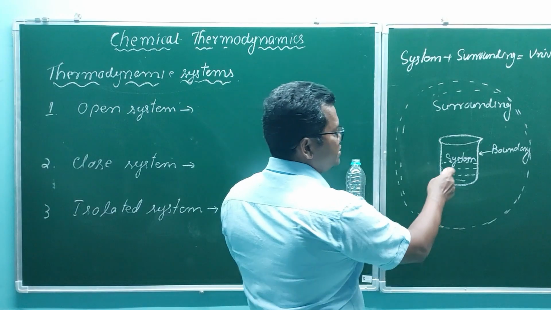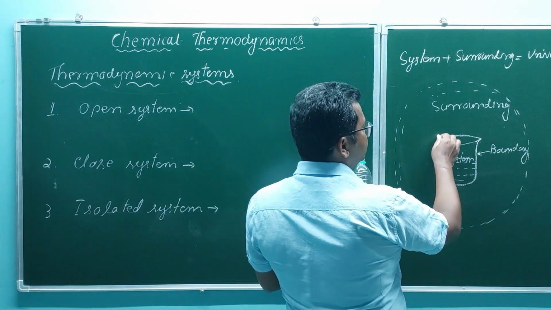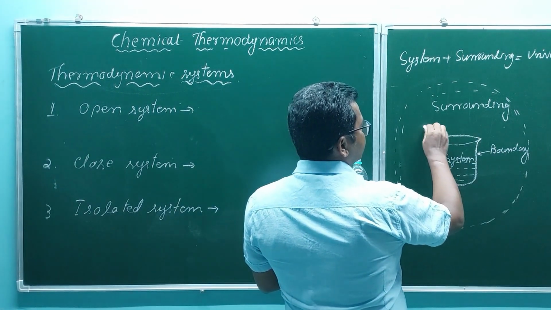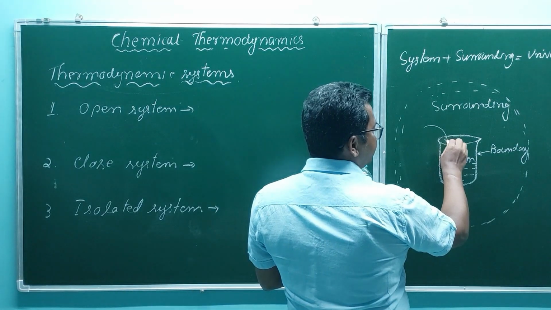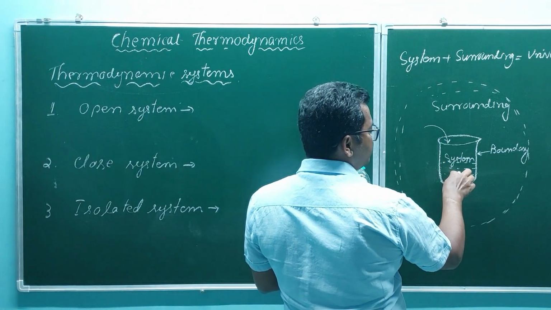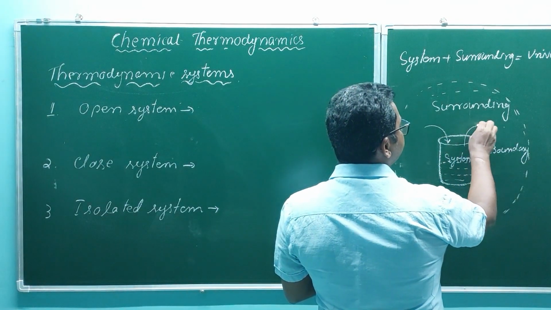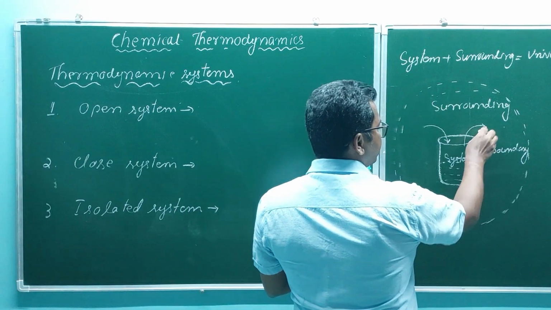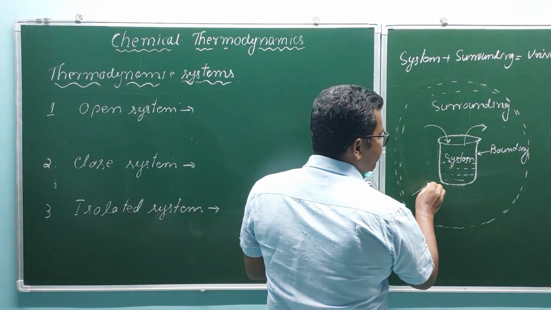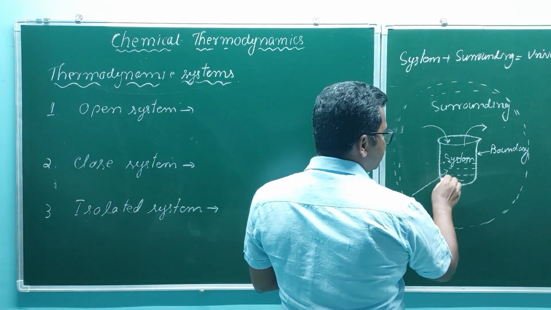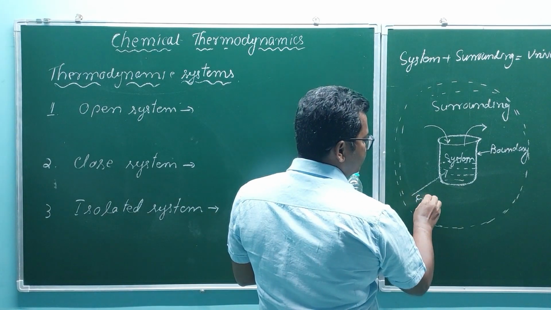Here also, let us take the example of this beaker. We can add matter into the system. We can remove matter from the system. We can supply heat energy to the system.